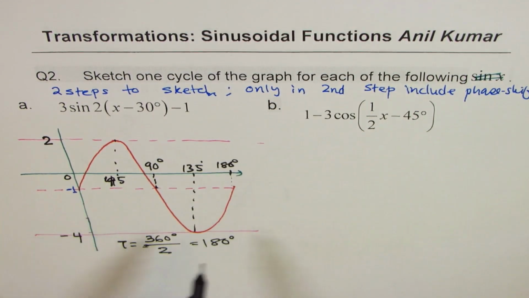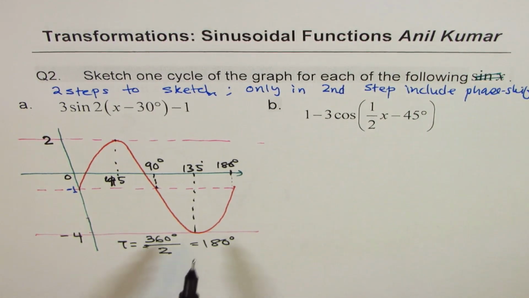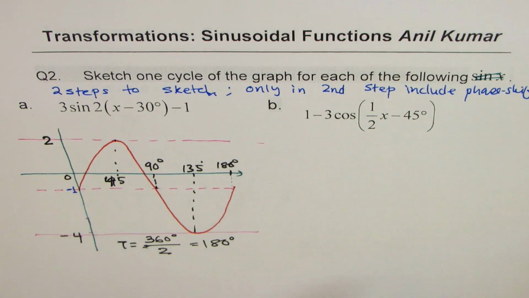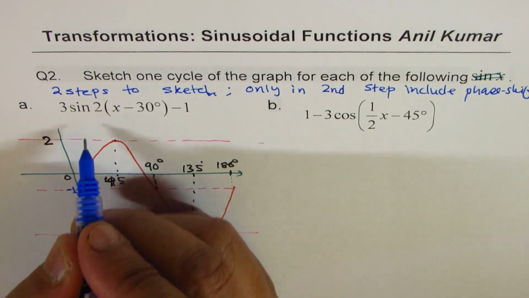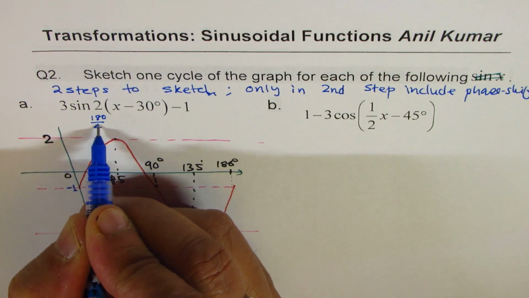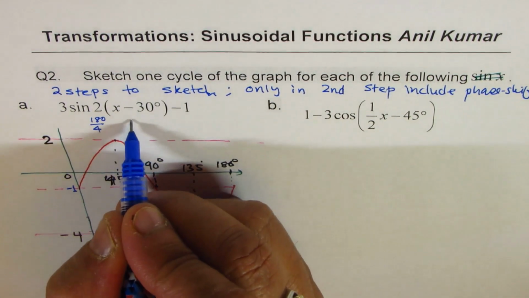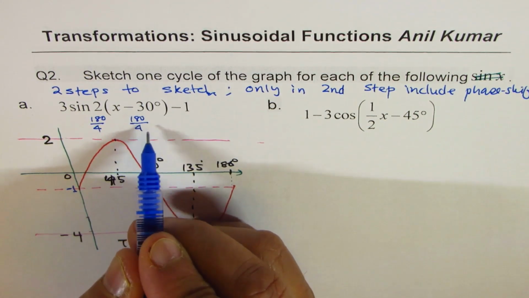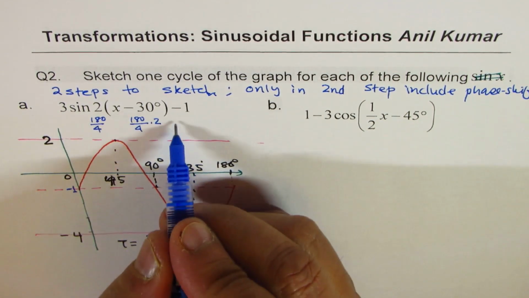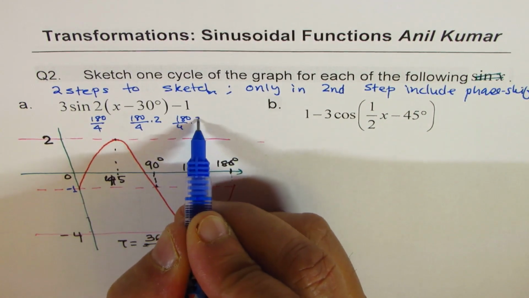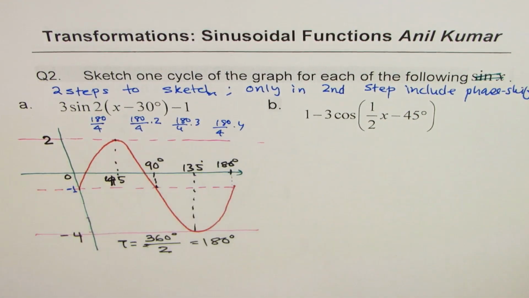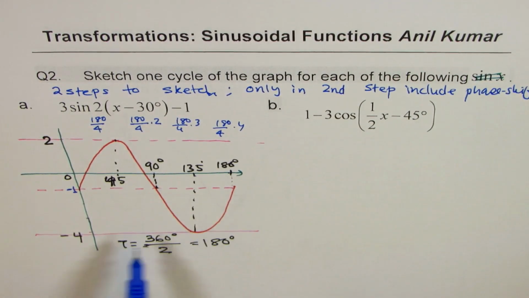So what we do here is we take the time period, 180, and divide it into 4 quarters. Do you see? One quarter is 45. So this point here is 180 divided by 4. This point is 180 divided by 4 times 2. This point is 180 divided by 4 times 3. And this point is 180 divided by 4 times 4, that is 180 degrees. So the time period is divided into 4 equal quarters to get your line.